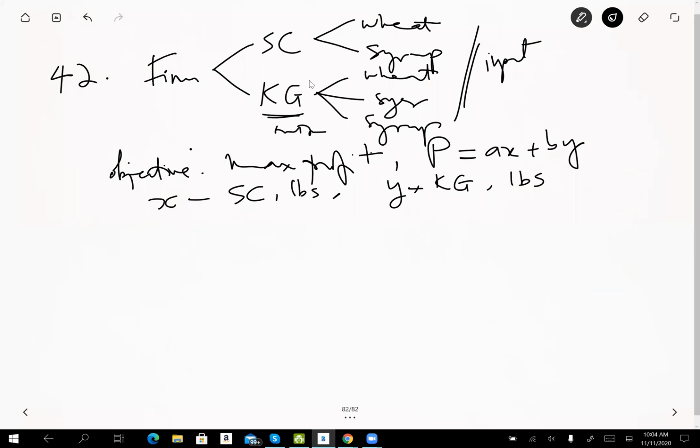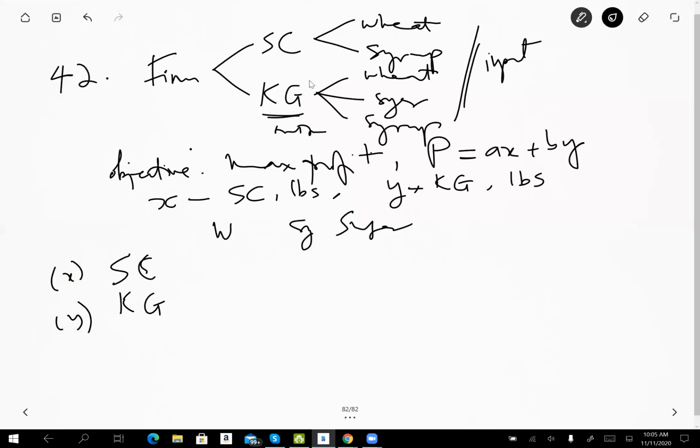So what you do, you relate the variables, which are the senior citizen and the kids meal, to the inputs, all right? So which are the wheat, the syrup, and the sugar. And of course, this is X in pounds, this is Y in pounds as well. So you summarize this table, this information.